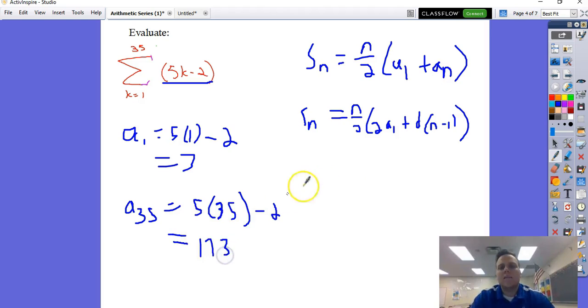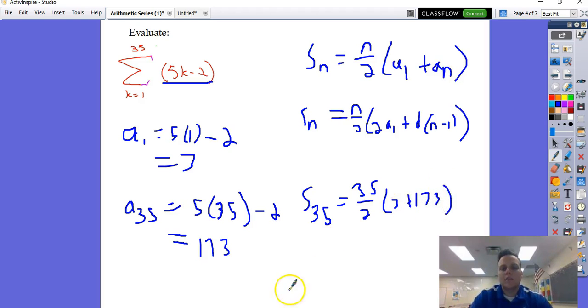So now I can find the sum pretty easily. The sum of all 35 terms is equal to 35 divided by 2 times the first term, which is 3, plus the last term, that's what a sub n stands for, which is 173.